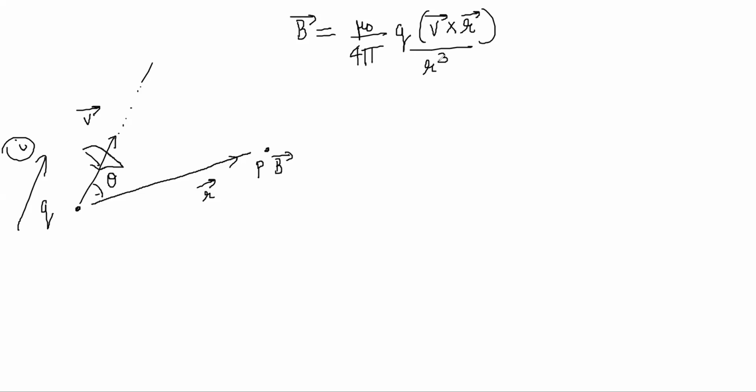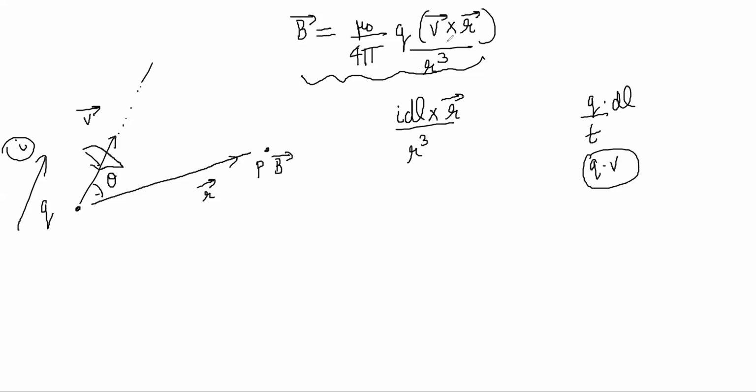Make sure that it makes sense for you. Think of it as IDL cross R by R cube. Is it making sense? IDL will be current by time into DL, right? Current by time into DL, charge by time into DL, will be the same as Q into V, no?